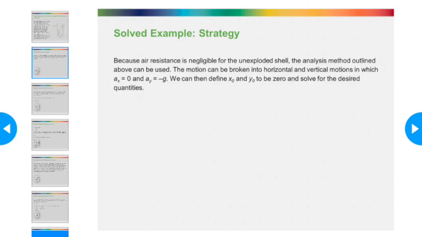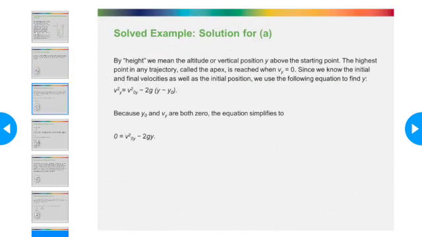Again, we're ignoring air resistance and gravity is negative, so we need to keep those things in mind. So first things first, the height, which means that we are looking for the vertical displacement or vertical position at the maximum height. They do have a different formula here that we didn't write down earlier, but it is a familiar one to our kinematics.